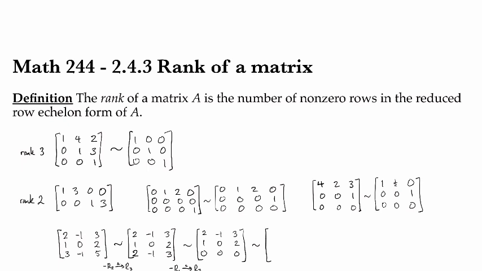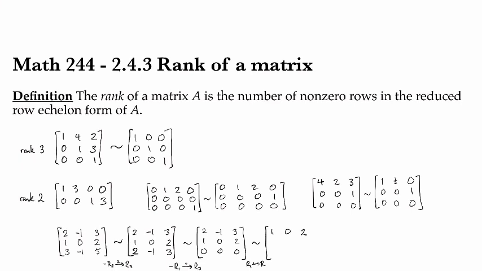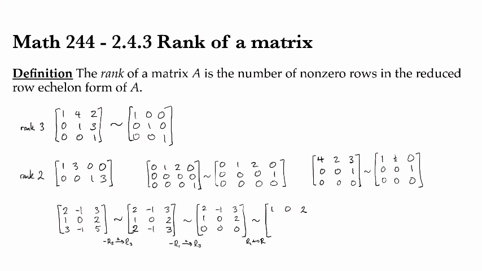So I'm going to swap row 1 and row 2, so 1, 0, 2 is up here. And then let me do a second row operation and subtract my new row 1 2 times from my new row 2.